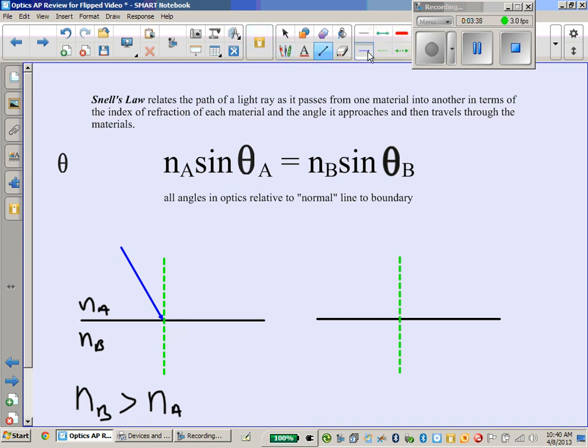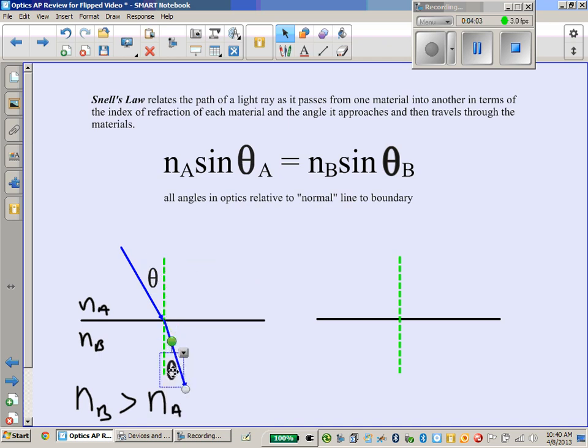The significant thing to remember is that all angles in optics are relative to the normal line. I've drawn the normal line as the green dashed line. This is the boundary, so we're going from air into water, for example. This is the normal line, or the perpendicular line. All of our angles have to be measured relative to the normal, between the normal line and the light ray. Likewise, the same thing is true here.